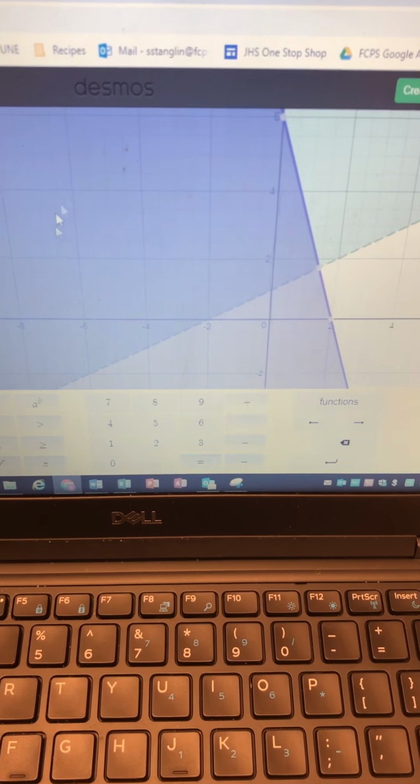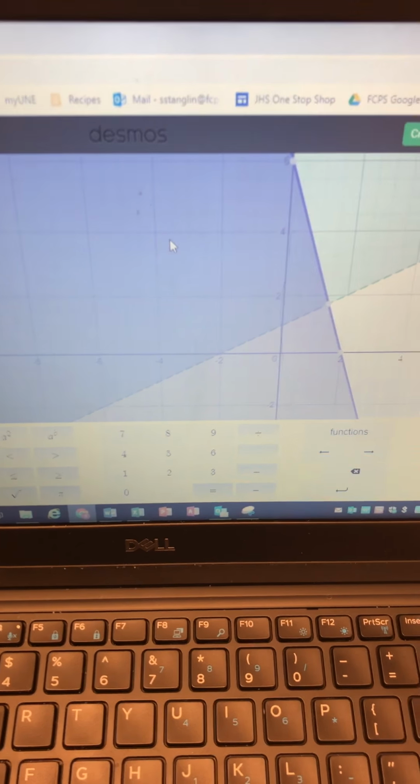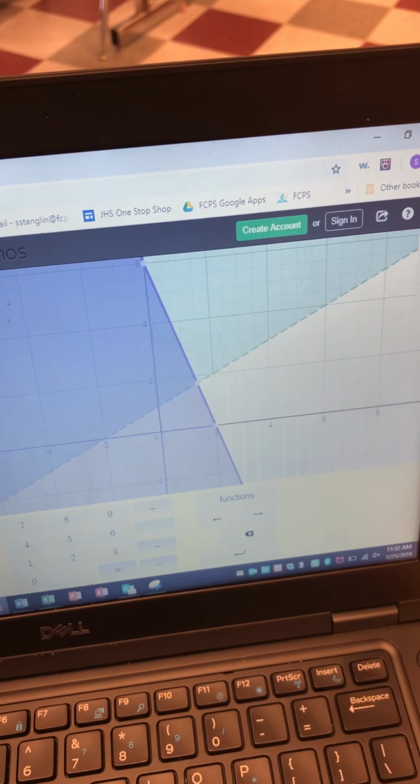Okay, so that's our picture. Remember, we look at the darkest area. So we're looking at this dark purple area right here. So I'm gonna type in each of my points and see if it's in that dark purple area.